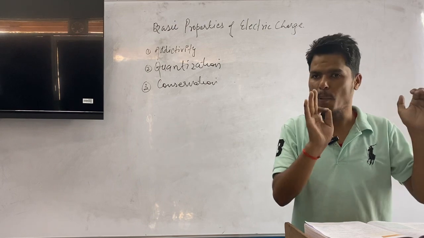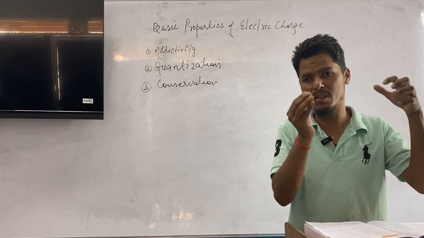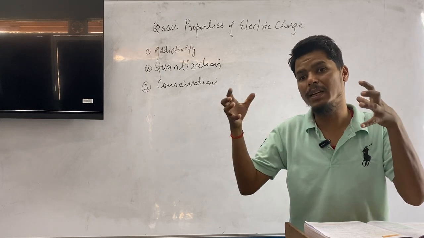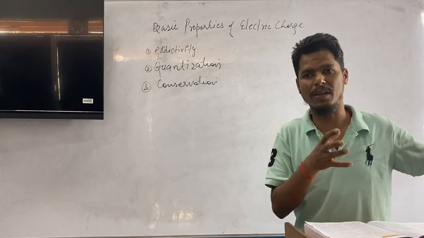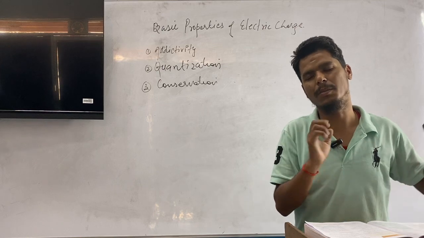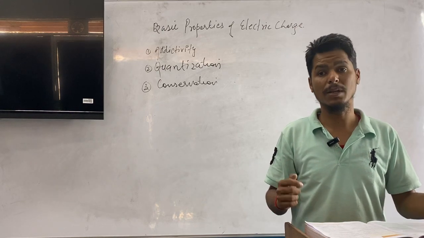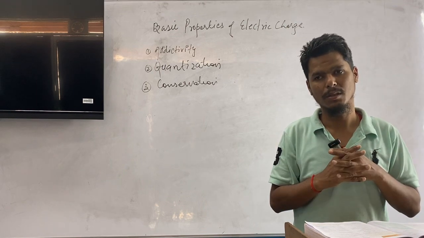That means a body can release or receive electrons only in integer numbers. It cannot be fractional. It cannot be a decimal. It must be an integer. Right?